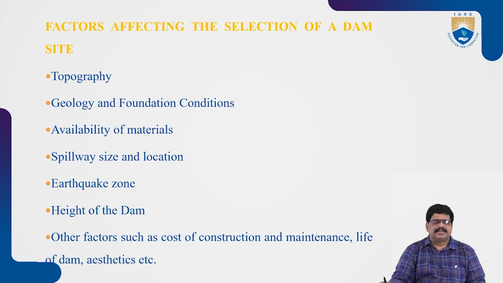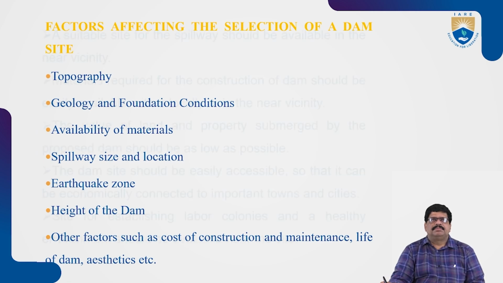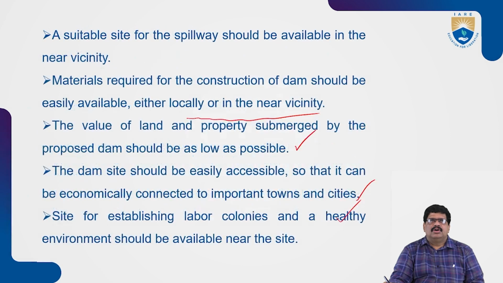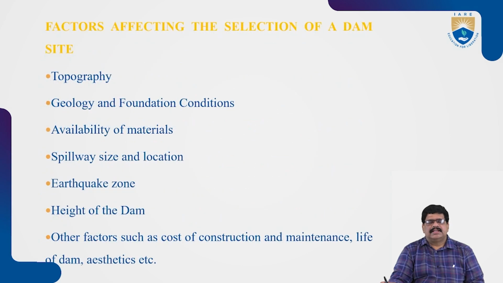Next, factors affecting the site of the dam. What are the factors affecting it? Previously, we discussed the selection of the site of the dam, which area we have to select, with some points. But here we discuss the factors affecting the selection of the site of the dam. The first is topography. What is meant by topography?